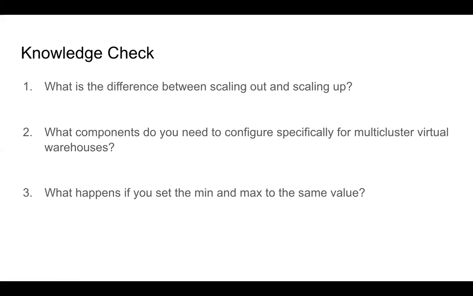Fixed number is going to start with however many you set. Auto scale is going to change based on use. Our third question, what happens if you set the min and max value to the same? If you set the min and max value to the same value, this won't let it auto scale. So it's going to be a fixed or maximized size cluster.